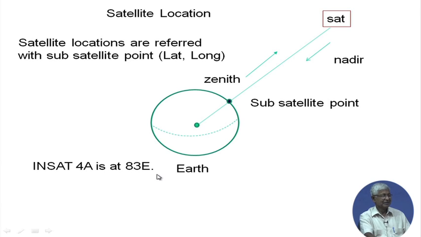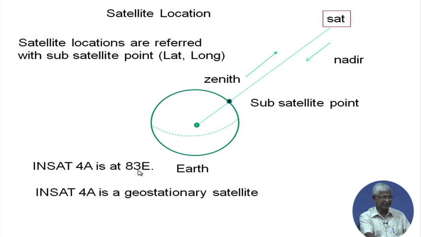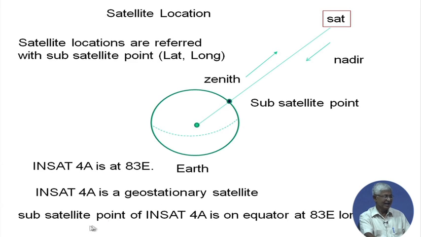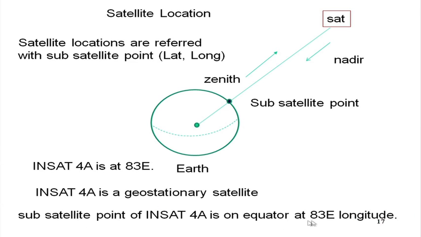Stop there. It talks about the longitude but gives no latitude, which means it is a geostationary orbit satellite where latitude is 0. So INSAT 4A is a geostationary satellite, and its sub-satellite point is on the equator at 83° east longitude.